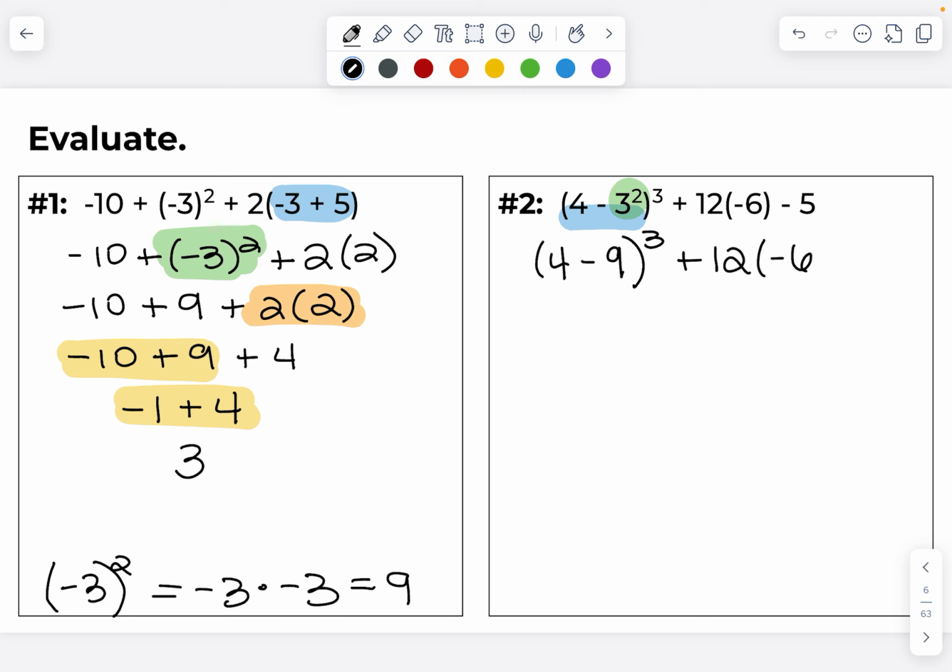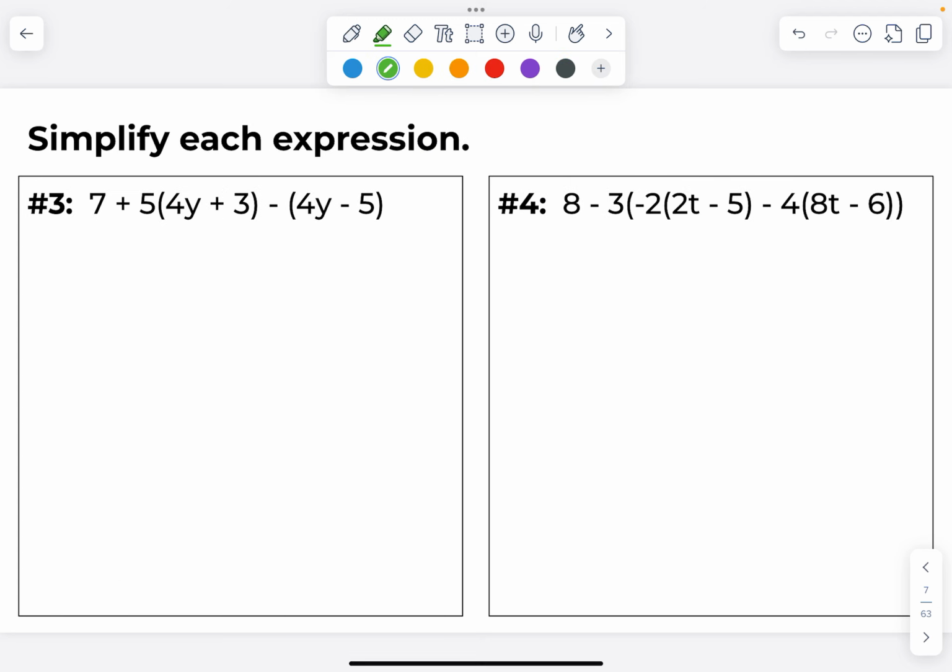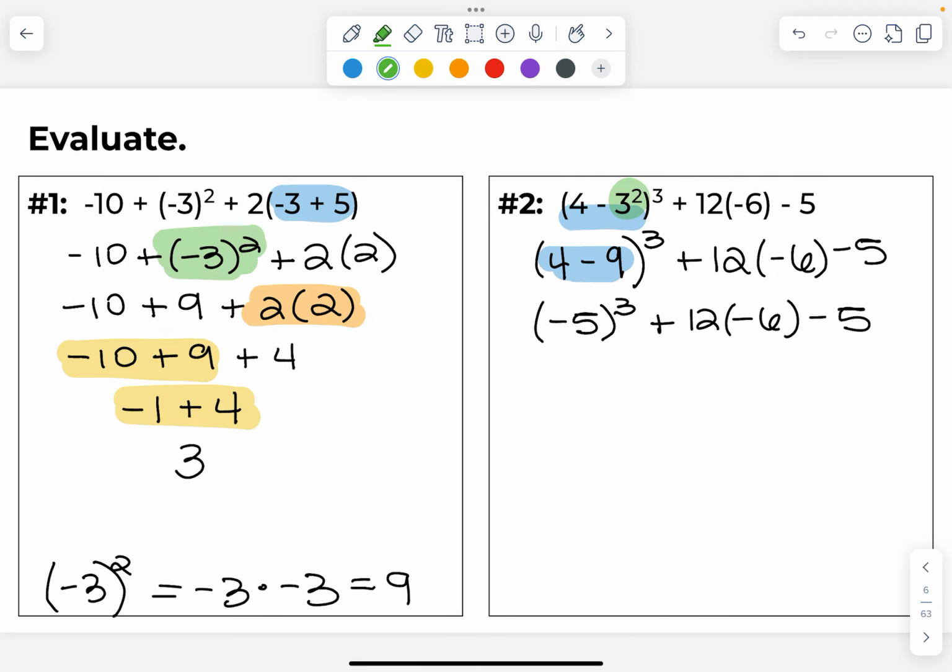I'm going to write everything else as is. Now I can take this inside the parentheses and simplify it. So 4 minus 9 is going to give me a -5, and that is cubed. Again, I can write everything else as is. I'm going to worry about that other stuff later, because I want to move on and simplify this exponent.